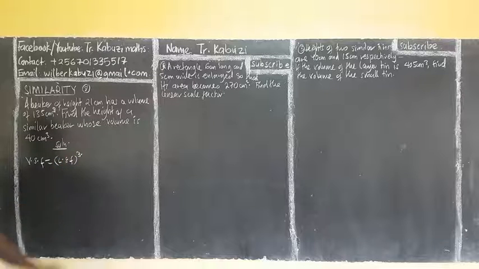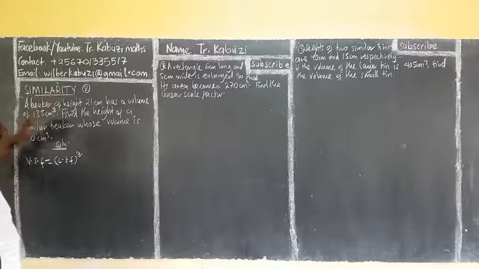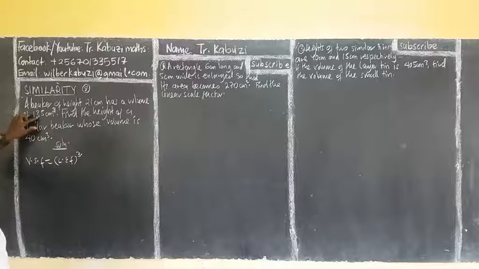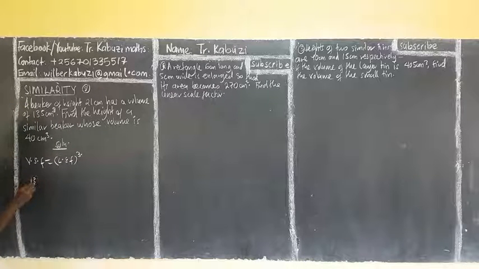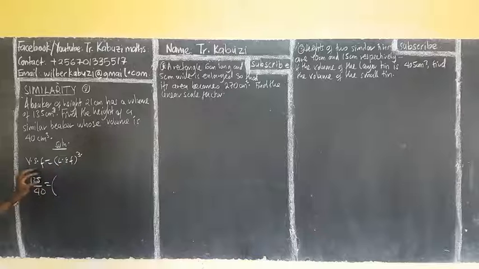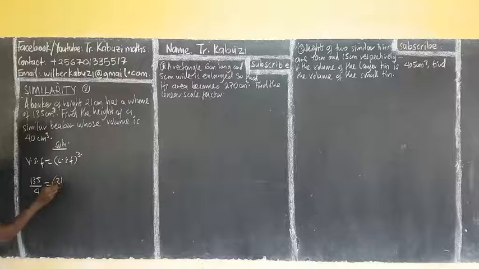So if I now know the volume, this is going to be the big volume. So it's going to be 135 over the volume of S1, which is 40. Then the corresponding lengths are 21 over x, the whole cubed.